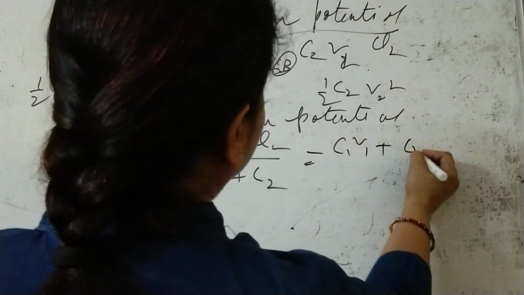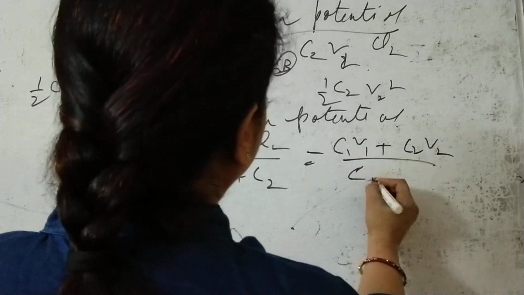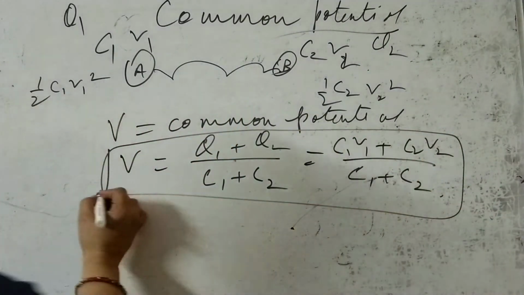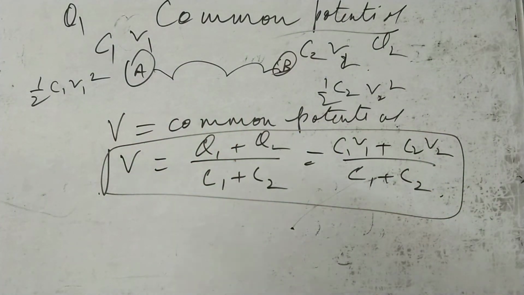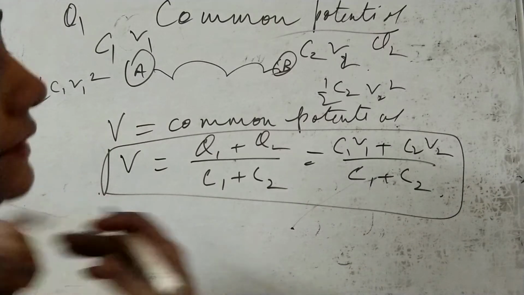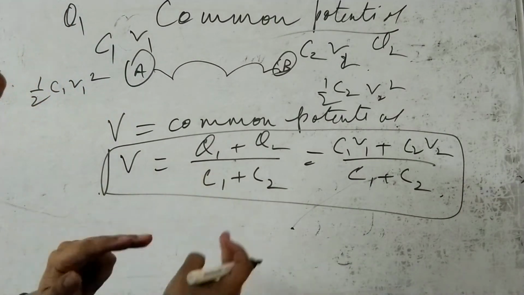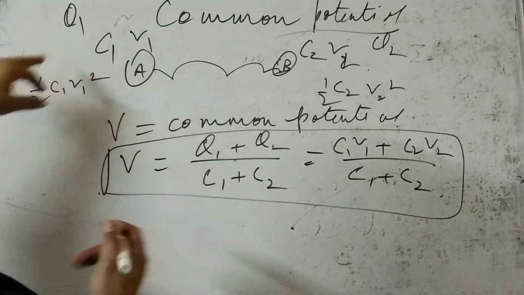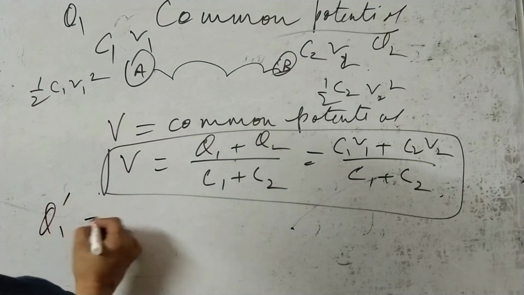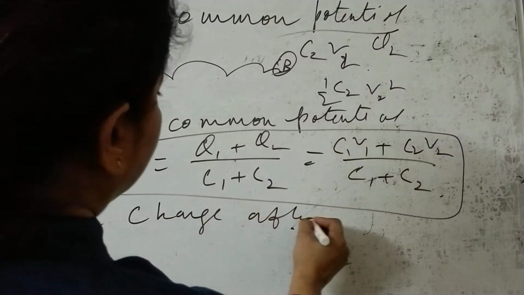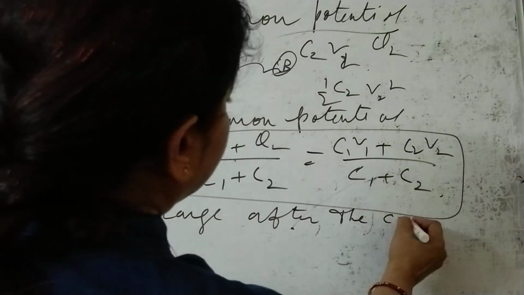What is Q2? C2 V2. And this is C1 plus C2. So this is the common potential. Now suppose I want to find out the state of the charge after they have been connected. Let us assume Q1 dash, the charge after the conductors are connected.